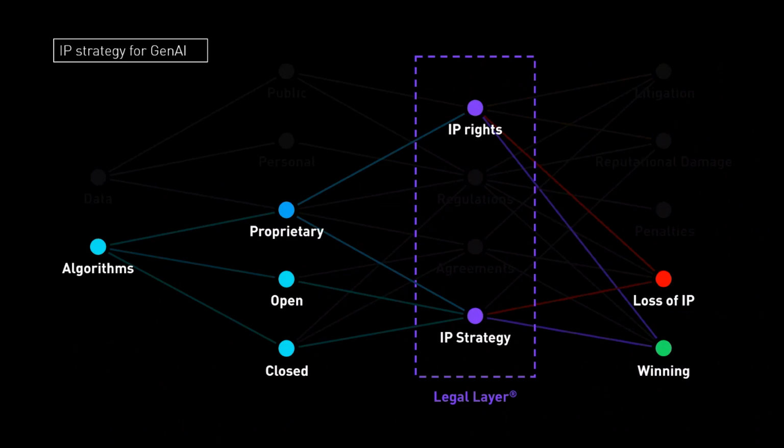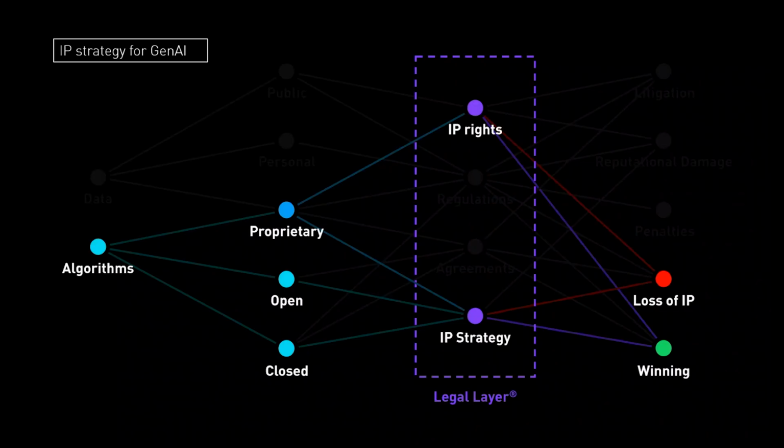Okay, so far we've been talking mostly about data. So I'm now going to move on to talking a bit about algorithms. You know, the meat grinders that chew up all the lovely data to create models and hopefully do something useful with them. And I'm going to talk about how IP rights and IP strategy apply to these algorithms and models.